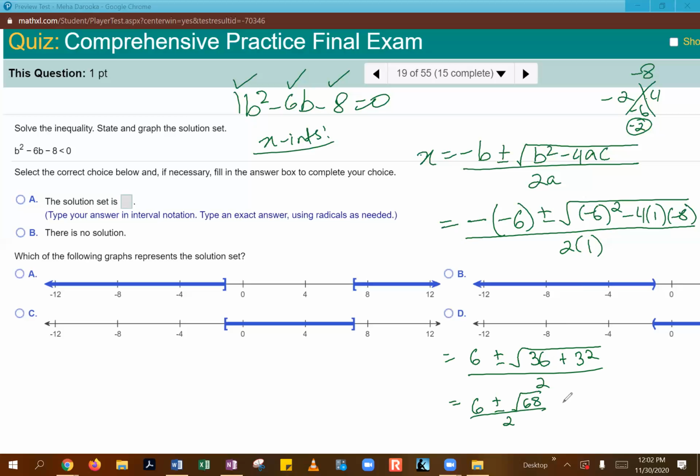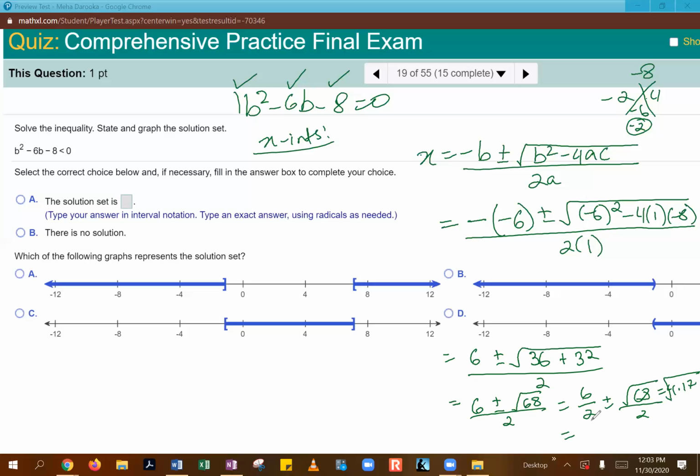Divide by 2. So you would have 6 divided by 2 plus or minus square root of 68 divided by 2. And you can simplify that square root of 68 because 68 can be broken down into 4 times 17. And square root of 4, of course, would come out to be 2.